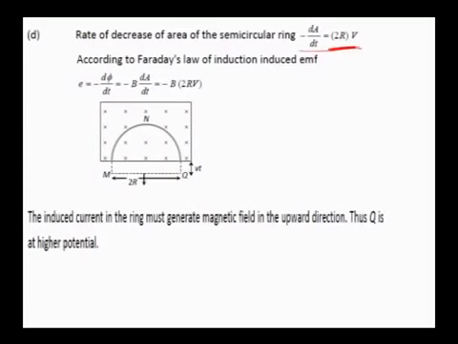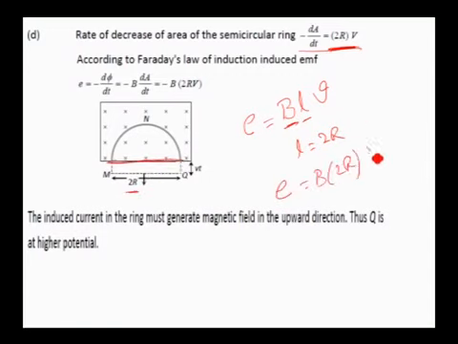Area it describes means actually we should go with the direct formula E is equal to BLV. B is the magnetic field, L is the actual length, the effective length is equivalent to 2r. This is the effective length 2r. Then the final expression will be B into 2r into V, and it is going to become 2BRV, and that is the EMF.